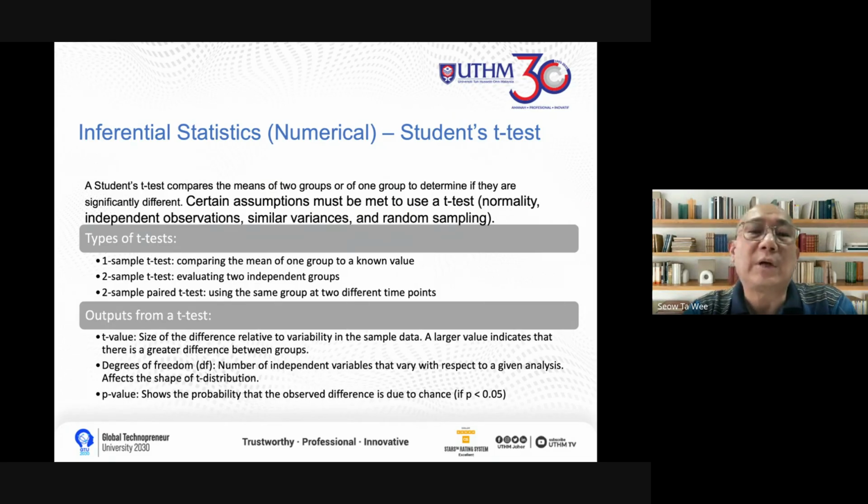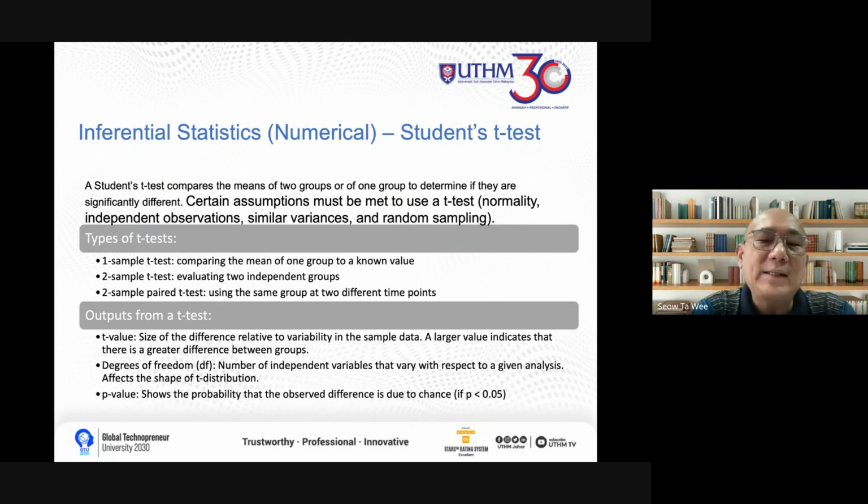I also advise, if you don't want to jump into this gap, as I call it, you run the normality test. Then check independence of observations, similar variance, and random sampling. Look at the things I just highlighted, the sampling especially.